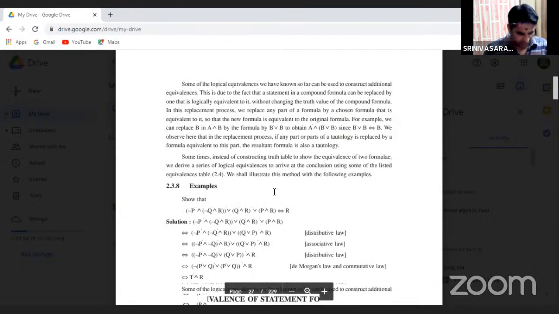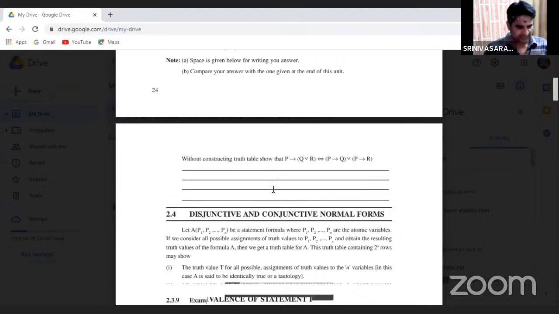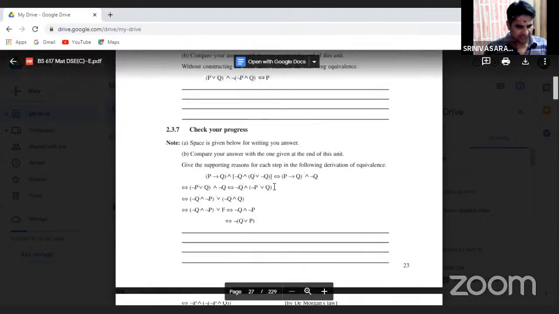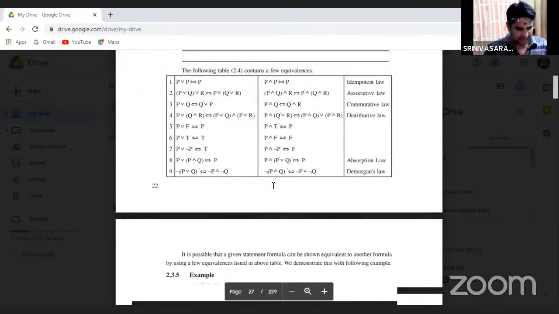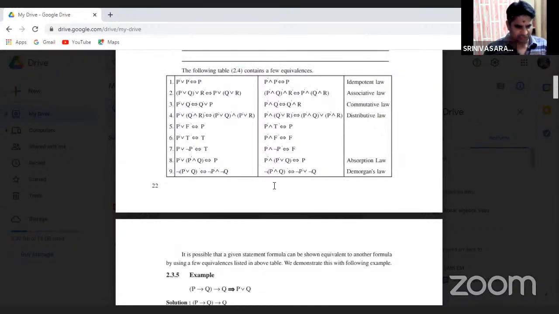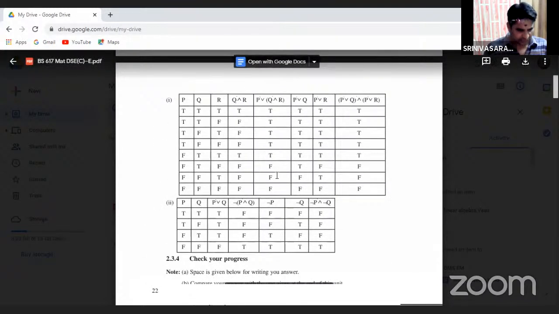Okay, now let us start. In yesterday's class, we completed some other equivalence forms and, according to them, constructed the truth tables. Now you have to observe clearly.